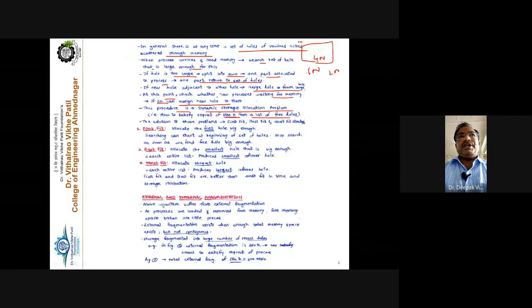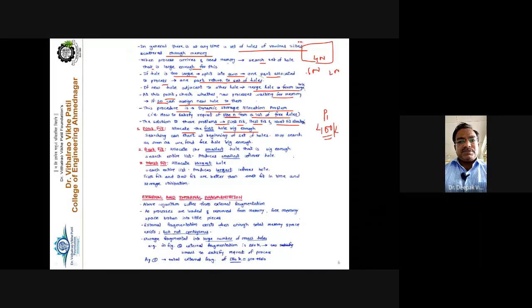The solution for this particular problem is given by the first fit, best fit, and worst fit memory strategies. So we have to discuss these algorithms, that is, how the demand of a particular process is being fulfilled. So first fit means what? Allocate the first hole that is big enough. A process P1 arrives and its memory demand is, say, 400K.